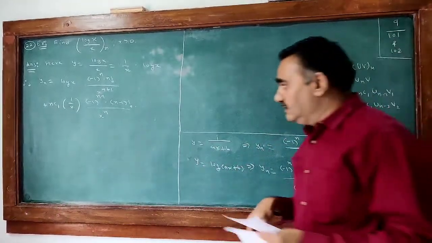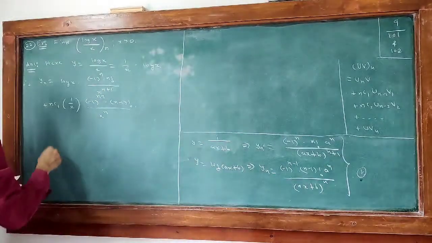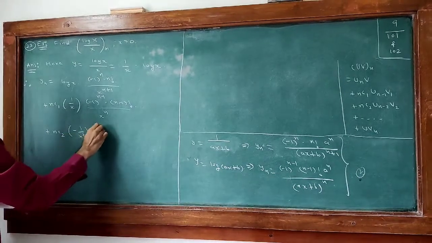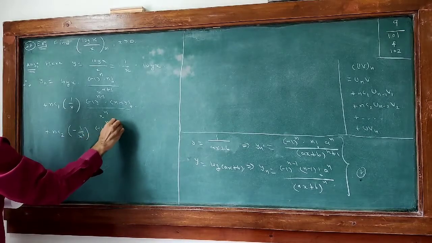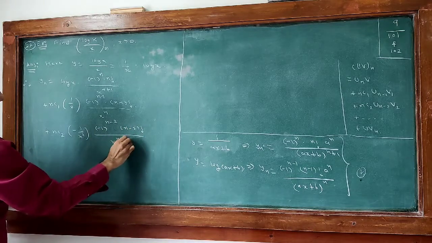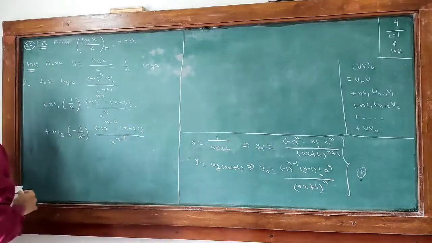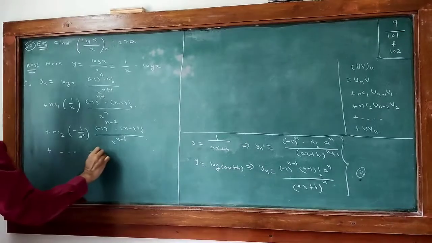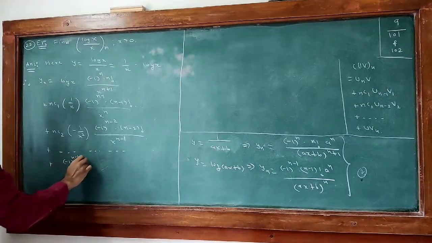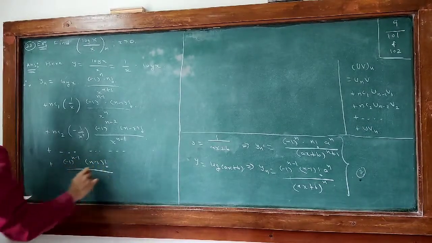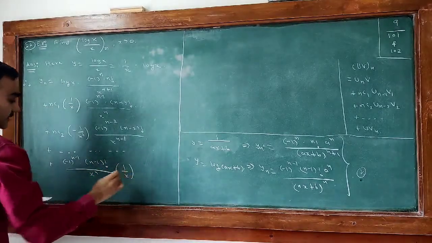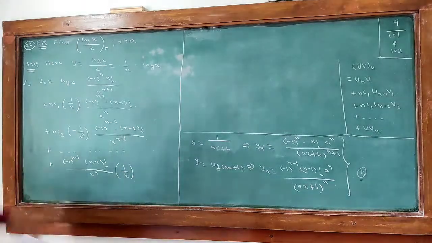One more place, nC2 times minus 1 upon x square, minus 1 raised to n minus 2, n minus 2 factorial, x raised to n minus 1. And other terms, plus minus 1 raised to n minus 1, n minus 1 factorial. This is the nth derivative of log x, and 1 upon x as it is. The value of nCn is 1.